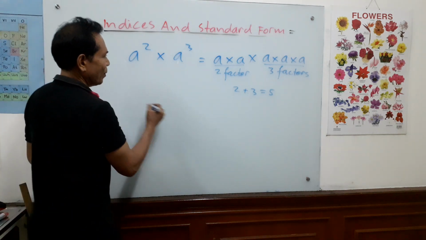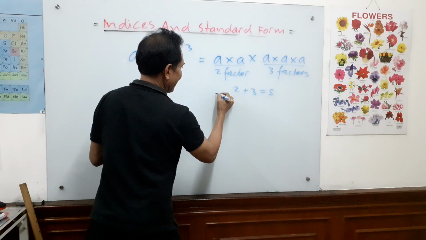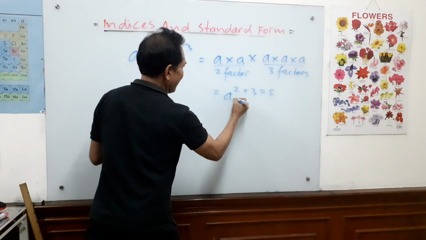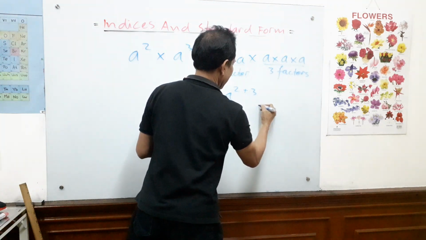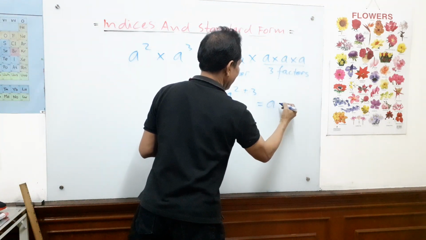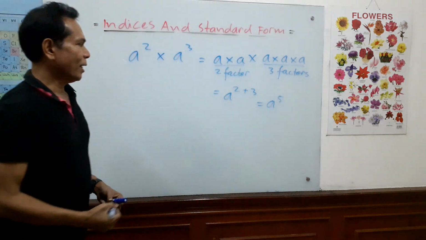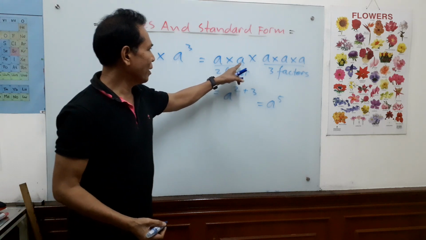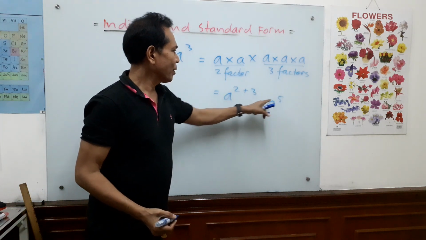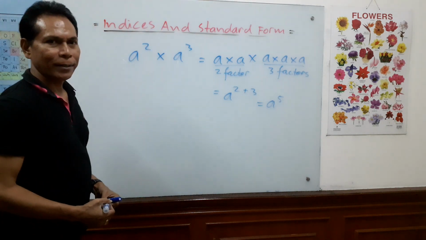So we have A power 2 plus 3 equals A power 5.